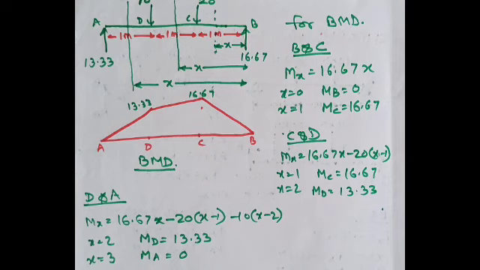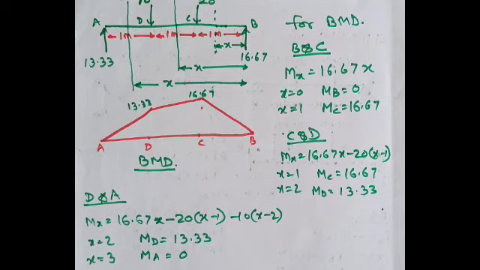Now again at point C we have 16.67, and at point D we have 13.33. This equation, 16.67 into x minus 20 into x minus 1, is the equation of a straight line, so we will join these 2 points with a straight line. Now the last section is also a straight line equation, 16.67 into x minus 20 into x minus 1 minus 10 into x minus 2.